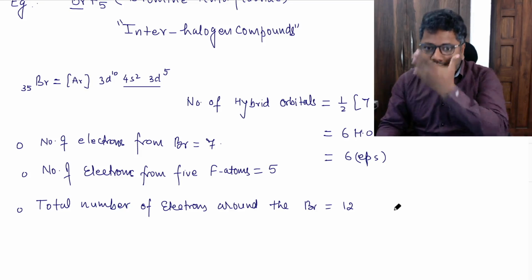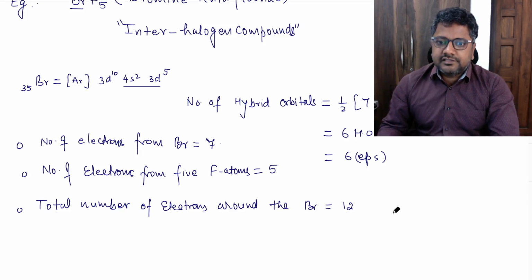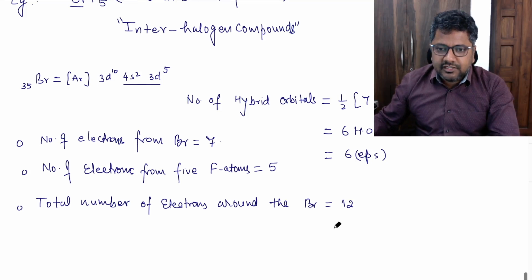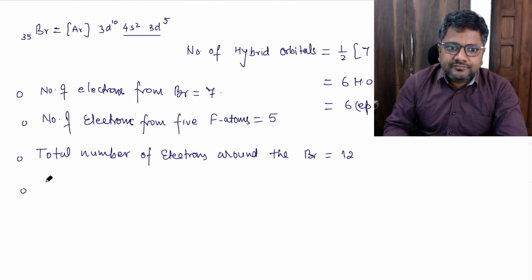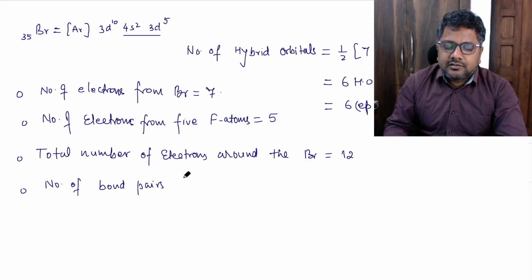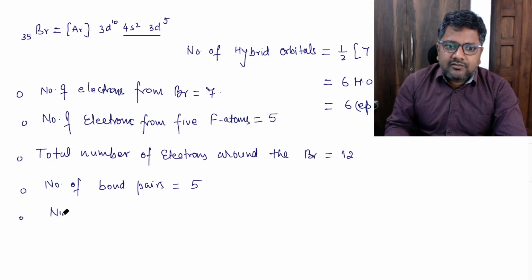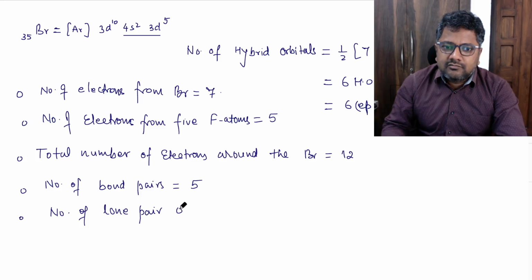So is it obeying the octet rule? The answer is no. It is superoctet, yes, right? So this is 12. Number of bond pairs is equal to 5, as 5 fluorine atoms are available for bonding. Number of lone pairs on bromine is equal to 1.